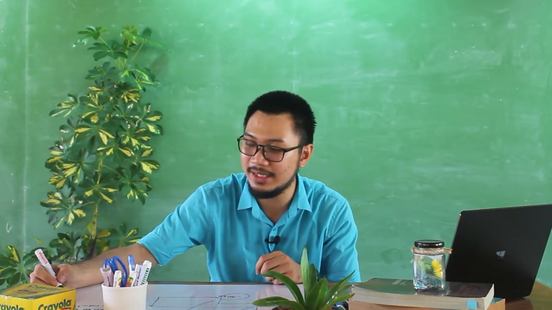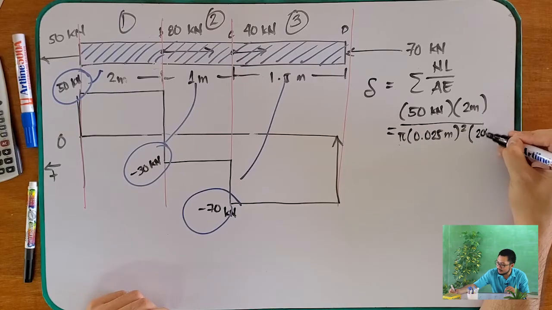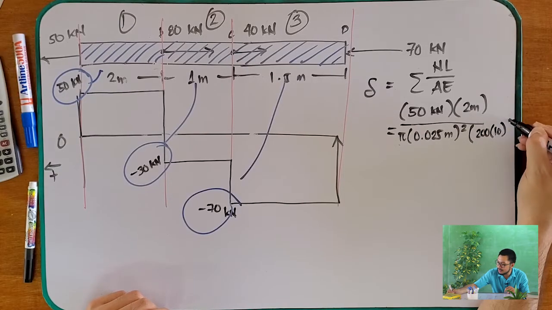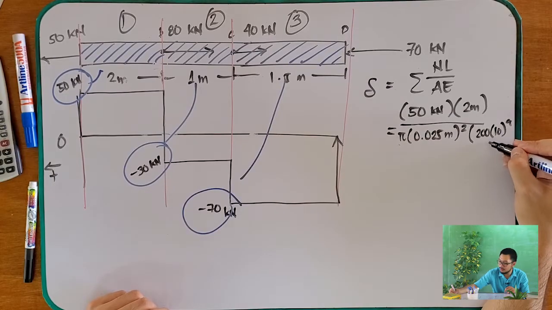Wala gihatag sa atong problem, but this can be seen sa atong material nga gihatag diri, which is A36 steel bar, and nana sa atong internet, makuha na nato sa internet, ang iyang modulus of elasticity is 200 times 10 to the power of 9 Newton per meter squared. Okay?